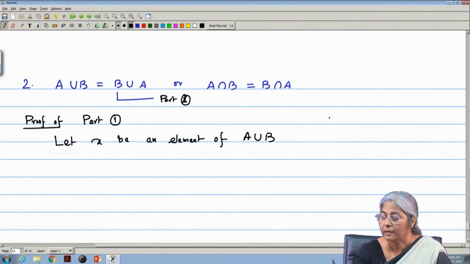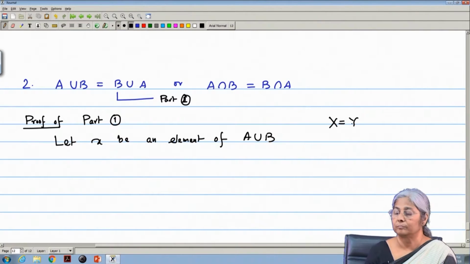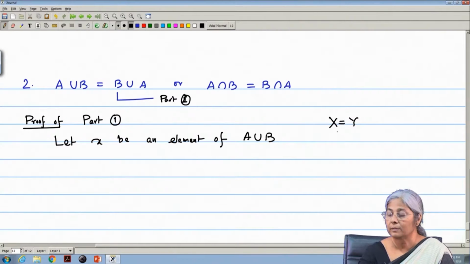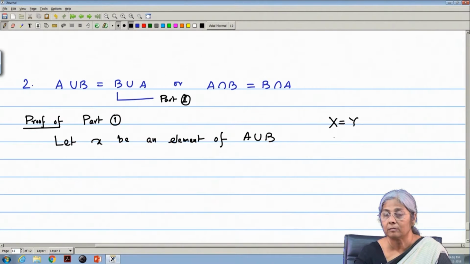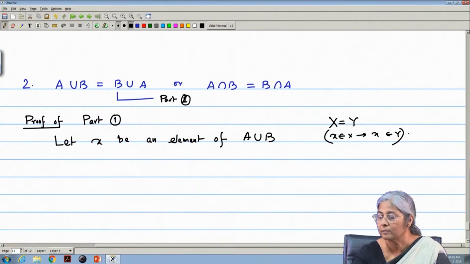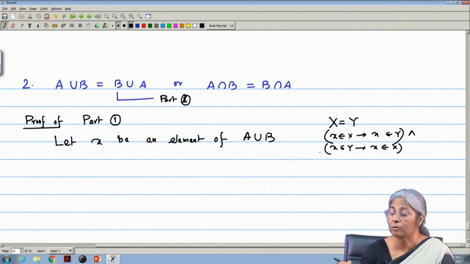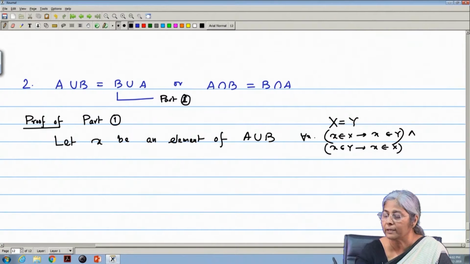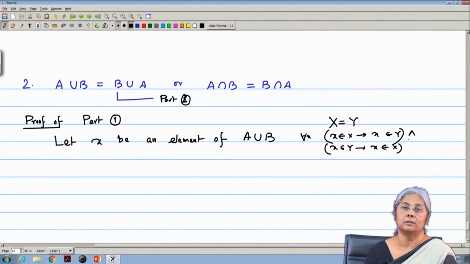If we have to show that X equals Y, then we have to show that x belongs to X implies x belongs to Y, and x belongs to Y implies x belongs to X, for all x.